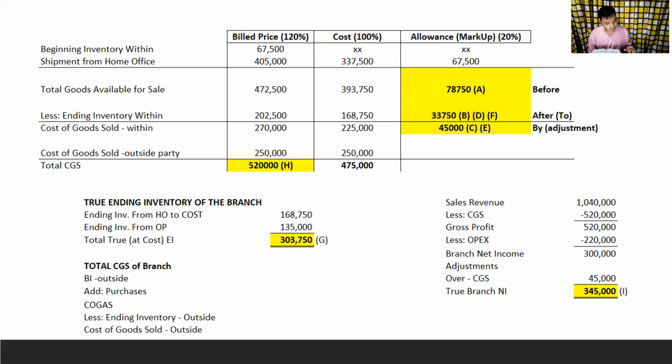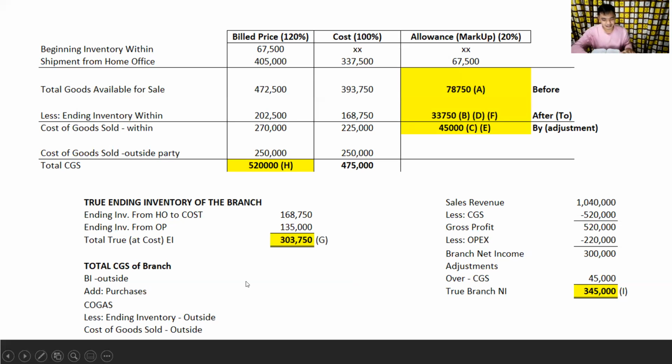How do we get the cost of goods sold from the outside party? Okay, let's compute it again. So beginning inventory, you get again 67,500.